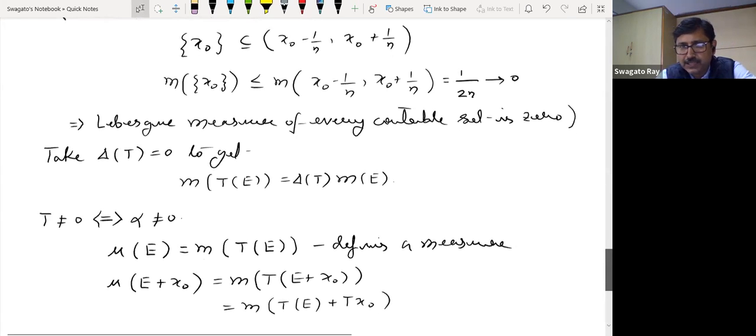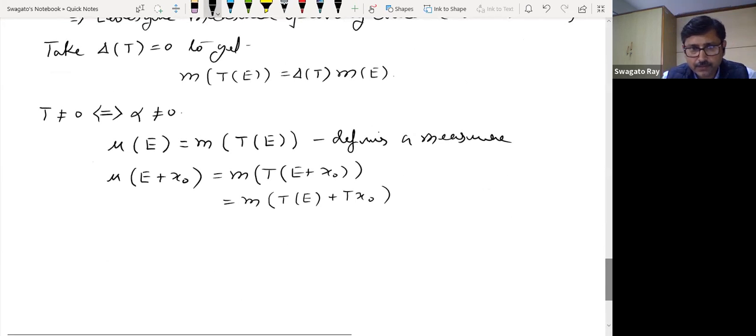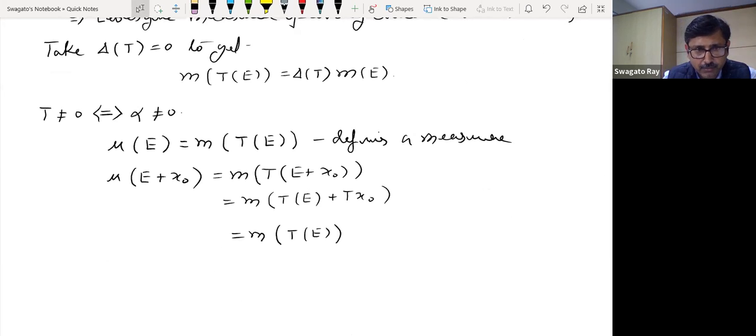But Lebesgue measure is translation invariant, so this is equal to measure of TE. But that, according to my definition, is mu of E. This is true for all x naught in R. So my measure mu is translation invariant.